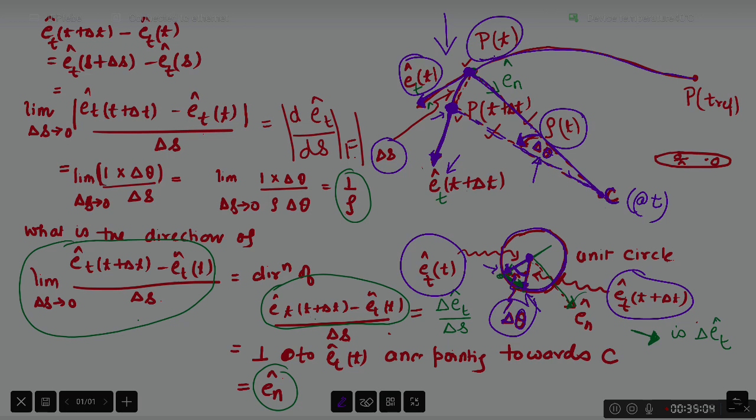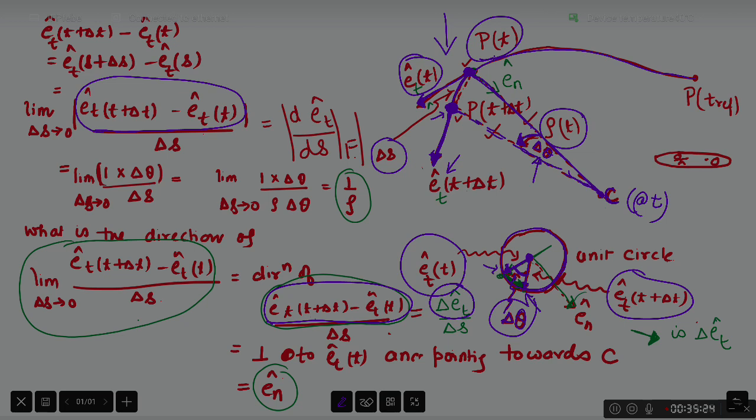Now let's look at this quantity: Et at t plus delta t minus Et at t. This quantity, which I have written here also, I am denoting by delta Et.